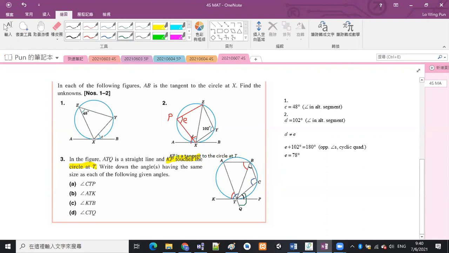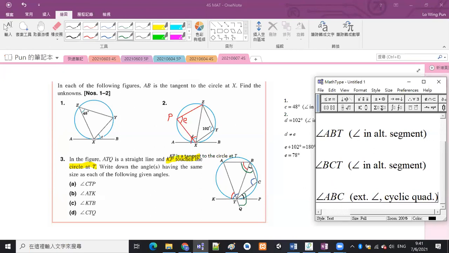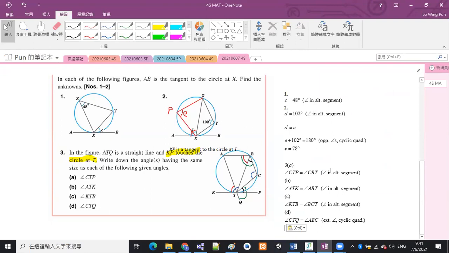And then angle CTQ, the green angle, is an exterior angle of the cyclic quadrilateral. So it should be equal to the interior opposite angle. So it should be ABC. Okay, so in part D, angle CTQ should be equal to angle ABC. This time it should be exterior angle of cyclic quadrilateral. Okay, so then it's like this.